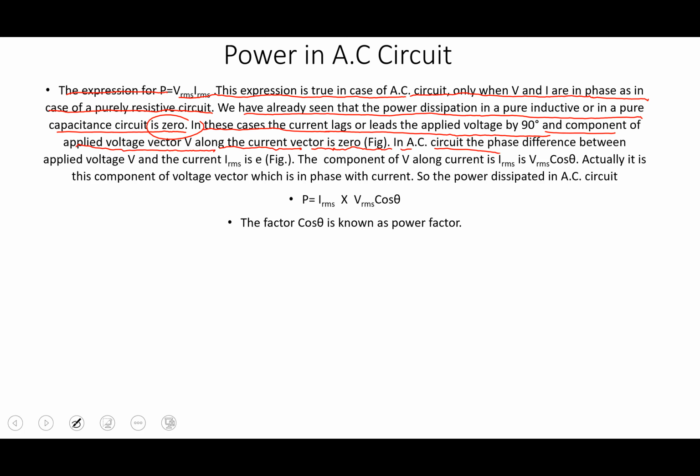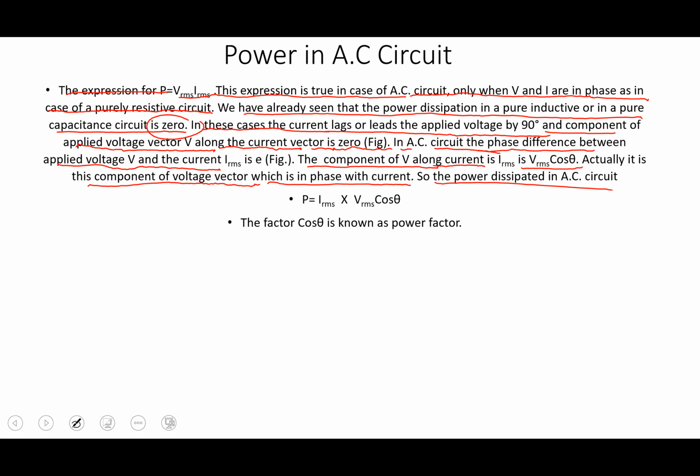In the AC circuit, as shown in the figure, there is a phase difference between the applied voltage and the current. The component of V along the current is V cos theta, which is the component of the V vector in phase with the current.